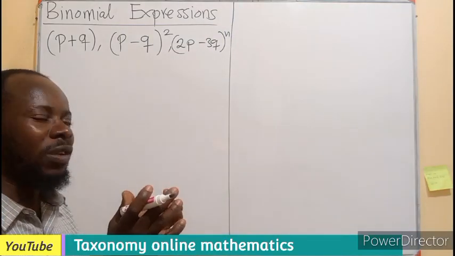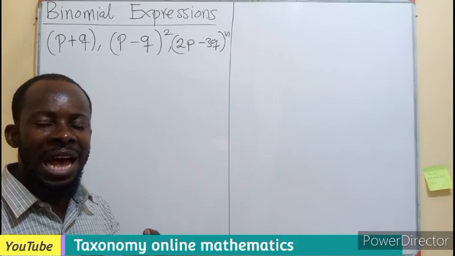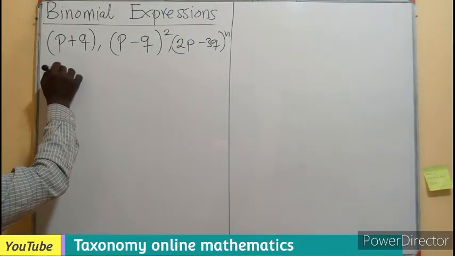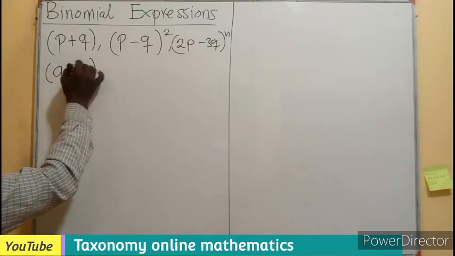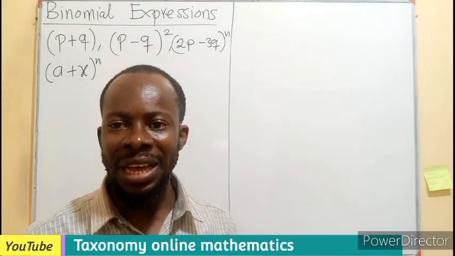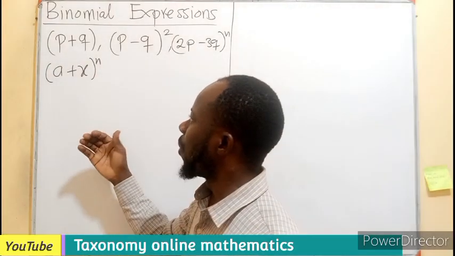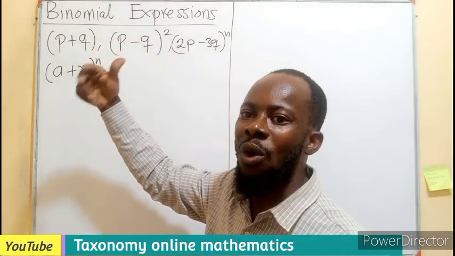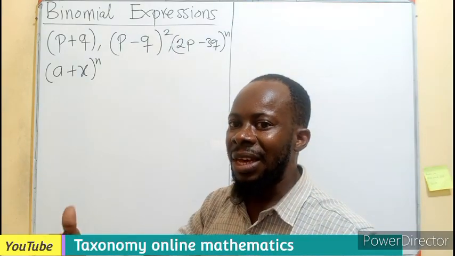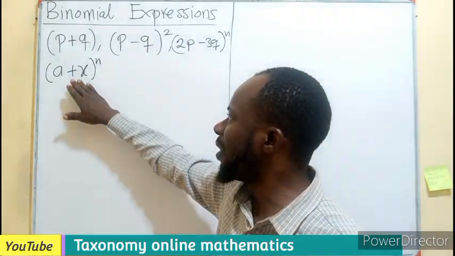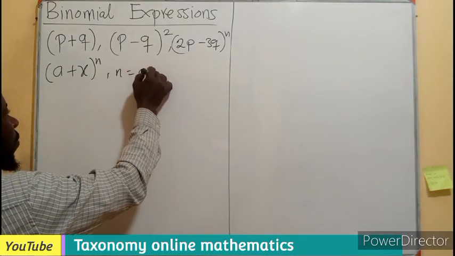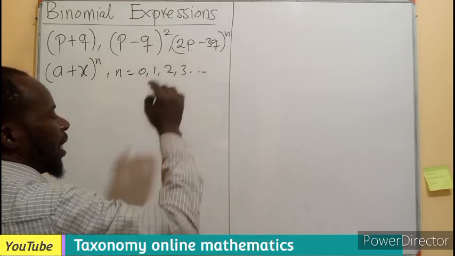So if we are going to consider a and x as the integers we want to use as binomial terms, I have a plus x with the exponent of n, where in this case the a, the x, and the n are integers that we are going to use to represent any other terms, p, q, any other terms that we might see henceforth. Now, we have this where our n is a whole number starting from 0, 1 in that order.